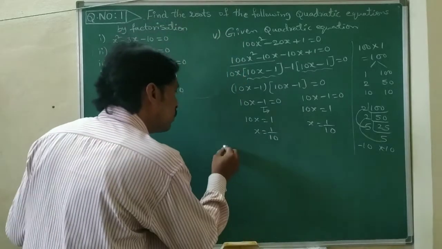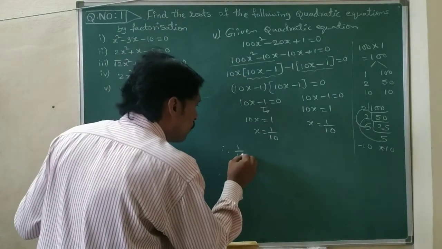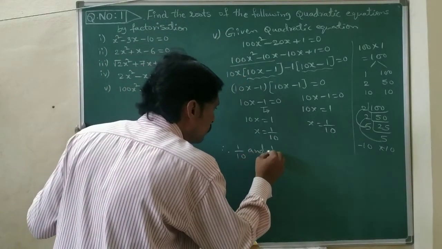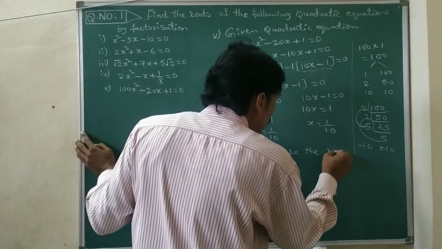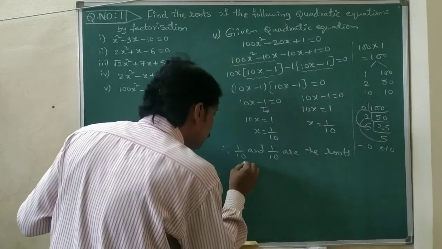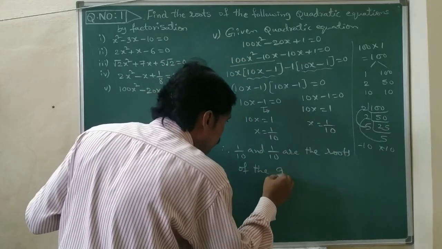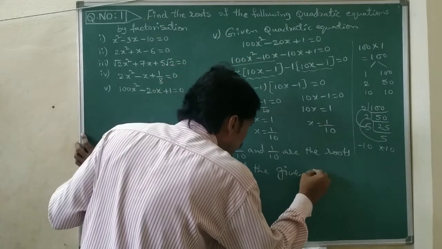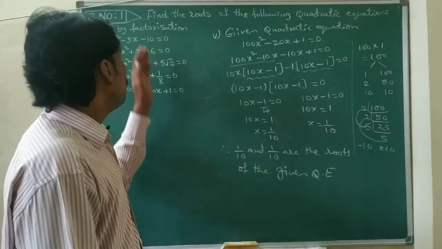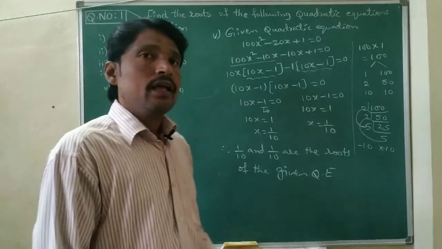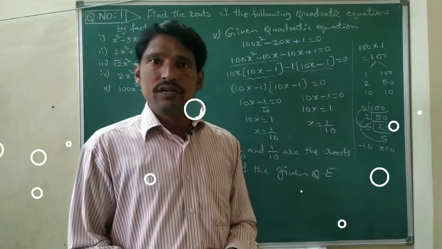So write down: therefore 1 by 10 and 1 by 10 are the roots of the given quadratic equation. This is about the factorization method of the given quadratic equations.